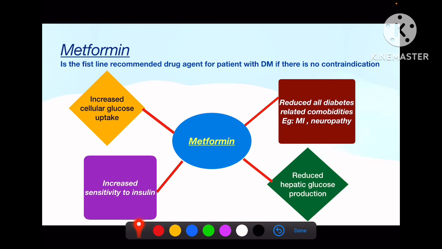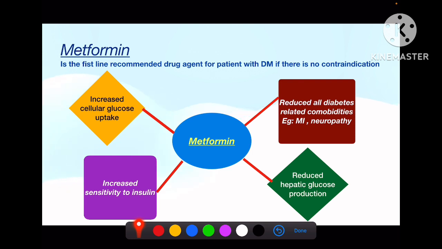Why am I saying that? If you give metformin to the patient, it can increase the cellular glucose uptake. When the cellular glucose uptake increases, what will happen to the blood sugar level? Blood sugar level comes down, and you can control the blood sugar level.